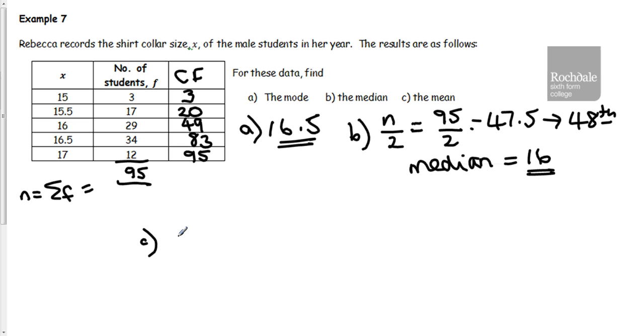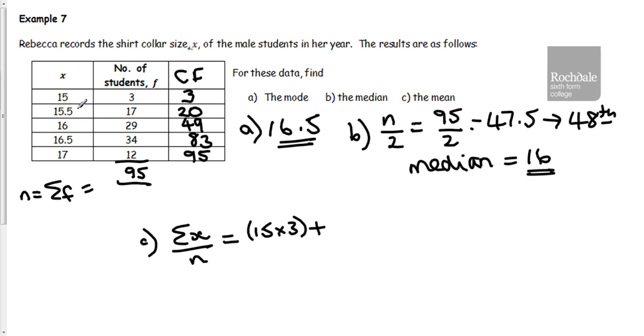Last one, the mean. Remember our formula, sum of x over n. Now, this is where it gets interesting. What we don't do is just add these up, these 5 values. The 5 values occur a different number of times each. So for example, we've got 15 3 times. So I know that's going to add up to 45.